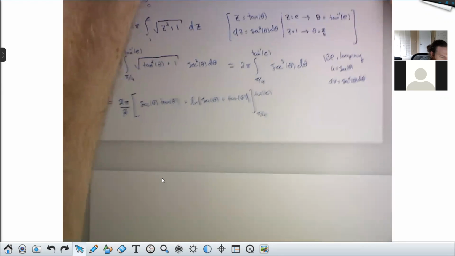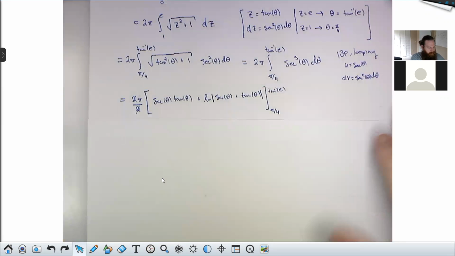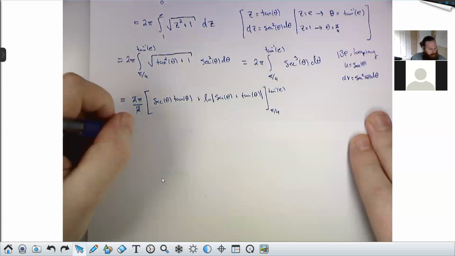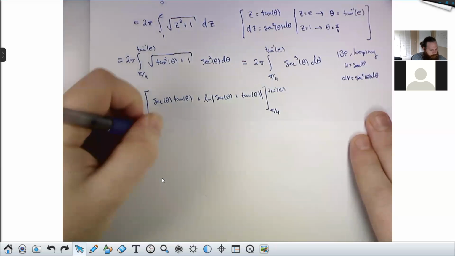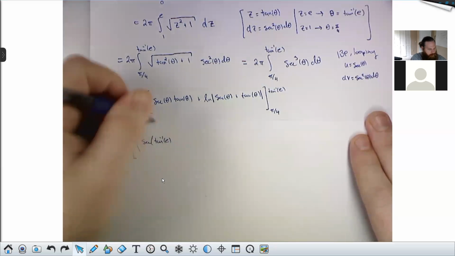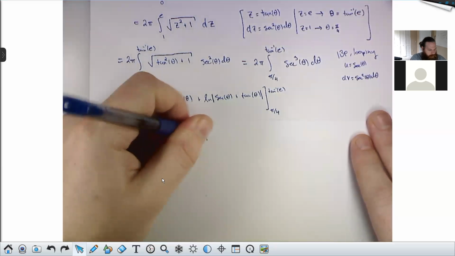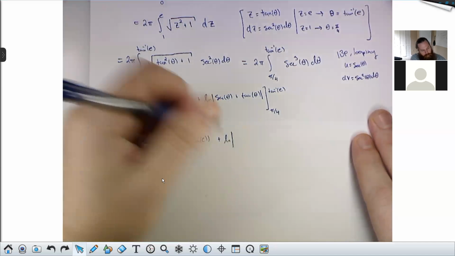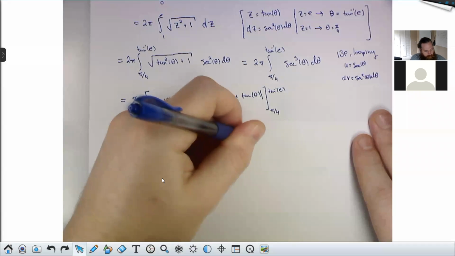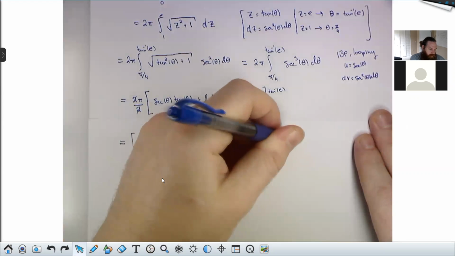I'm going to move the page up. If I plug in my upper bound, I have the secant of the inverse tangent of e times the tangent of the inverse tangent of e, plus the natural log of the absolute value of secant inverse tangent e plus tangent inverse tangent e.